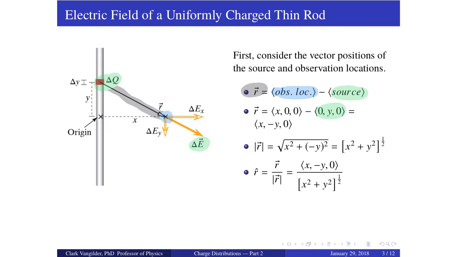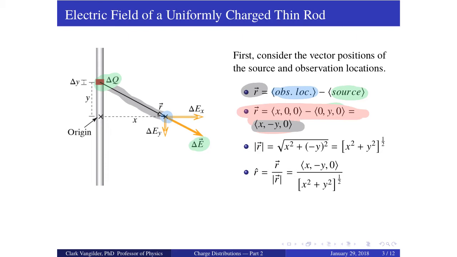And so we run the numbers here, and the observation distance versus the source distance, and we get this final output for our position vector relative to some chunk of charge.